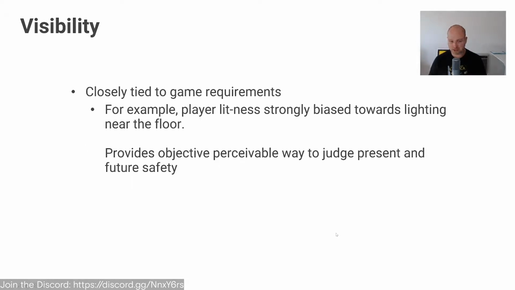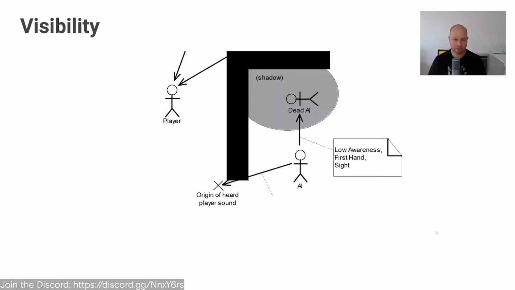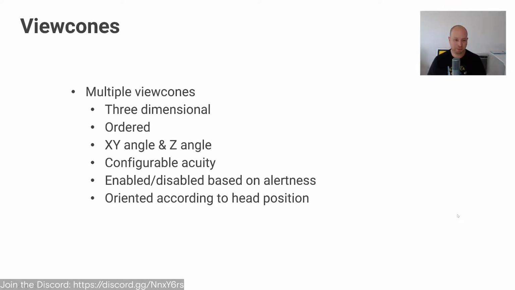So this means it's very much closely tied to in-game requirements, and it depends on what you're trying to do. One example here: the dead AI is in the shadow, but I can't really see it, because even though it's first-hand sight, I can't actually see anything. Whereas there's a sound that I heard, and I can hear it directly because even though it's around the corner, it's sound, and so it doesn't really care about corners.